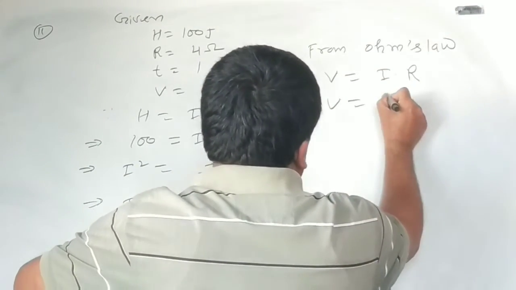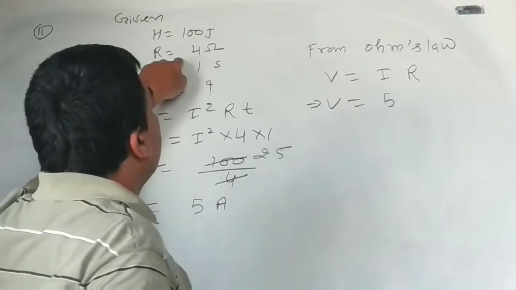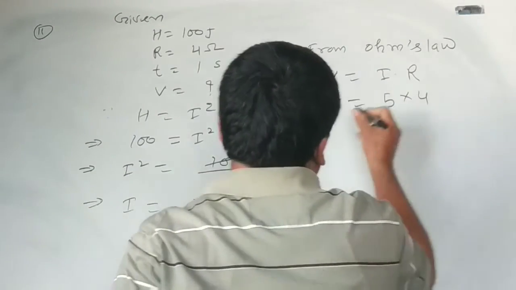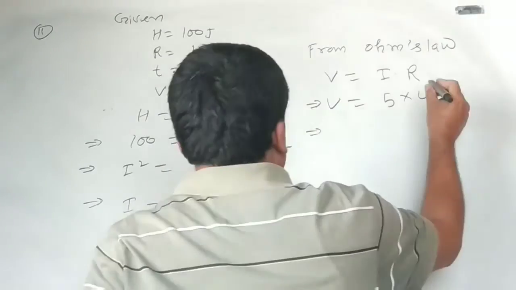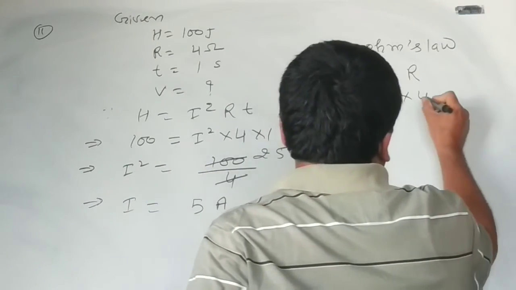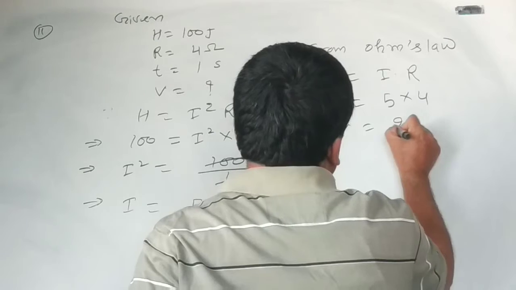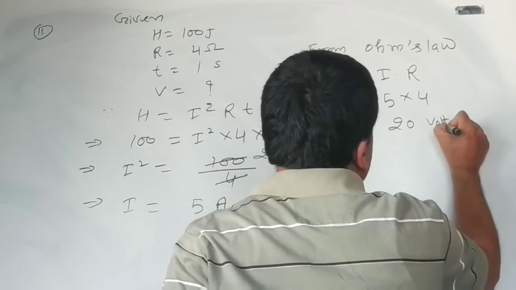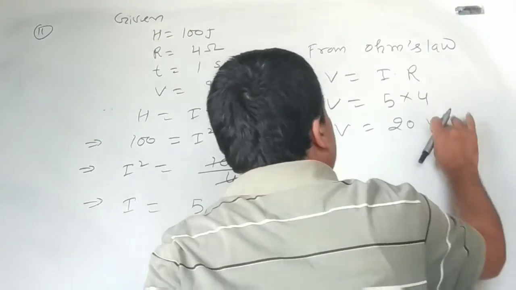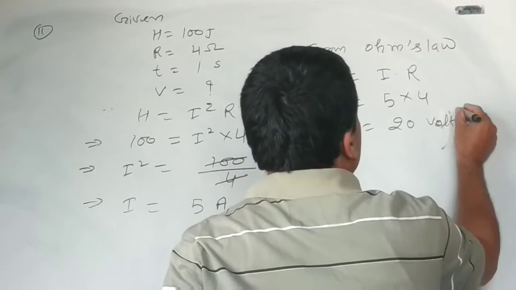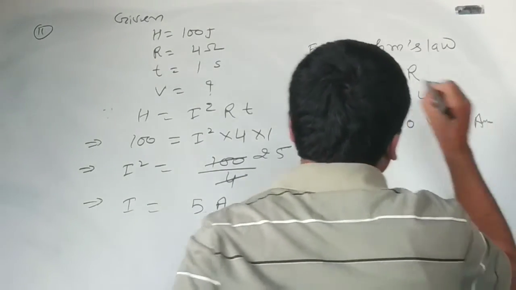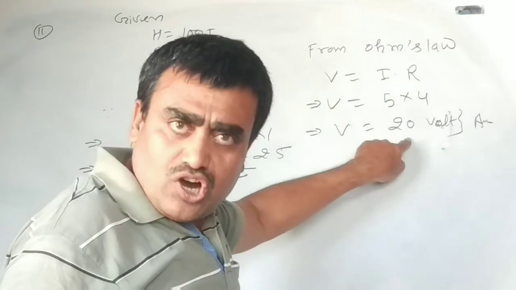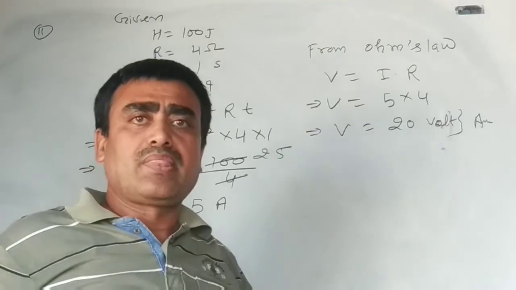That implies V is equal to 5, and according to your question, resistance is 4 ohm. Therefore, V is equal to 20 volt. This is our answer. Volt is the SI unit of potential difference.